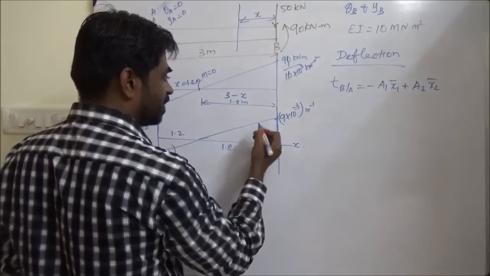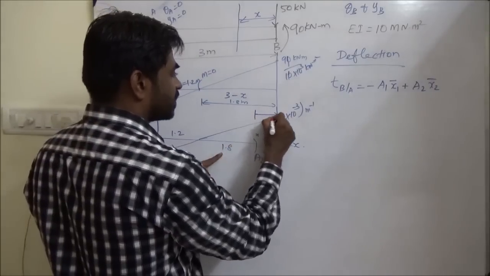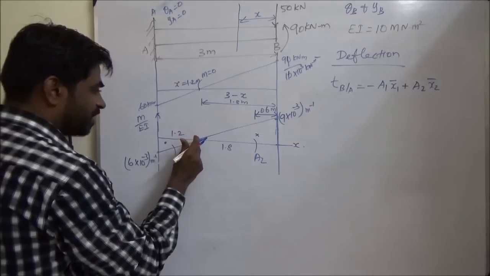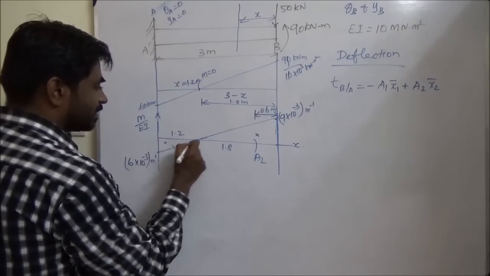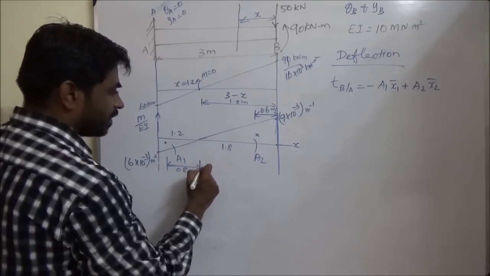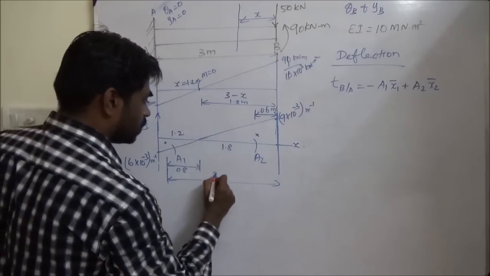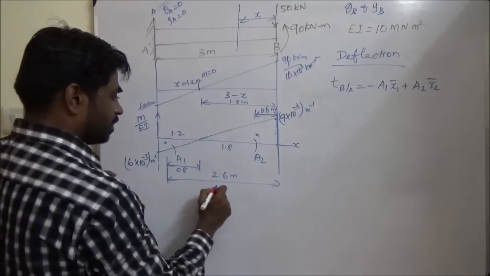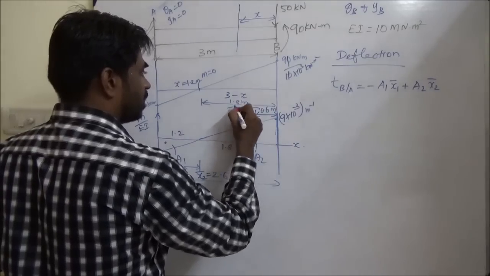So the centroid will be here, 1/3 of this triangle, so 1/3 of 1.8, so this is 0.6 meter. Here, from this it is 2/3, okay, 2/3 is 0.8 from here, and this is 1.8, so from here it is 2.6 meter. So this is x2 bar, this is x1 bar.